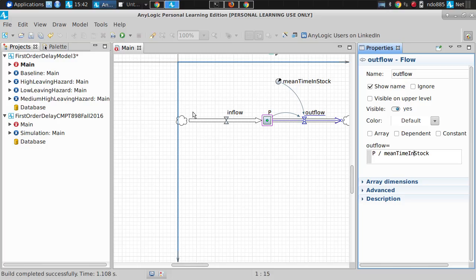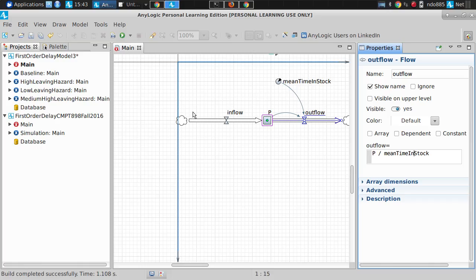So yes, this is units person per day. This is the amount of mean time in there. So it's equivalent mathematically, ladies and gentlemen, to specify our first order delay in terms of a chance per day of leaving, or to specify in terms of a mean time, amount of time in that stock.